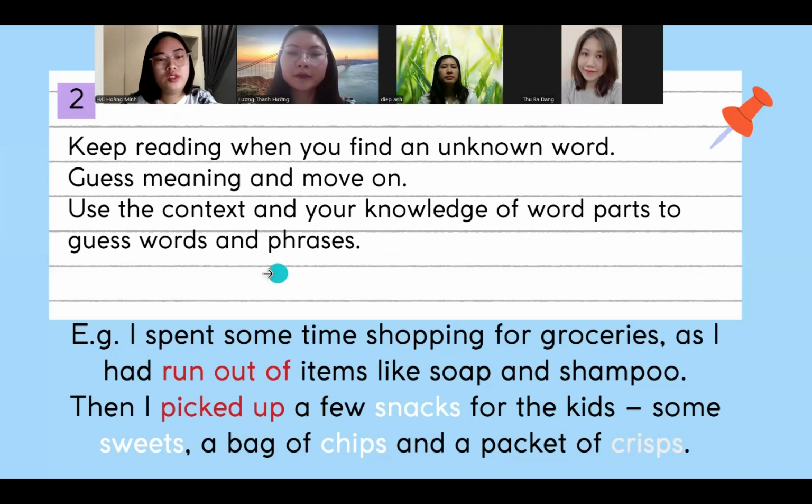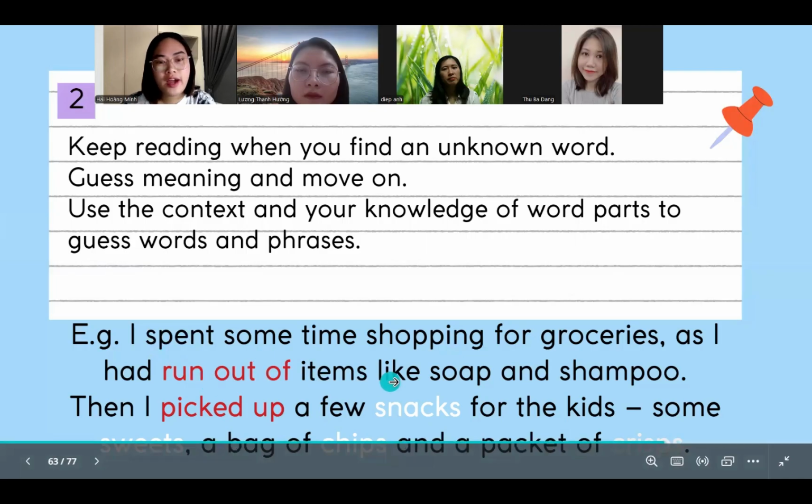For example, you can see here I have a short paragraph similar to the previous paragraph as Miss Huang said before. I spent some time shopping for groceries as I had run out of items. If your student doesn't know the phrase run out of, they can base it on the context: they like to go shopping, but when they go to the shop, they cannot find any items like soap and shampoo.